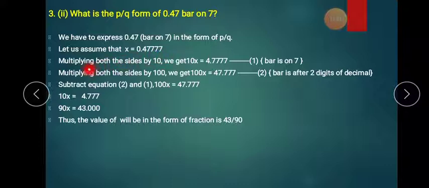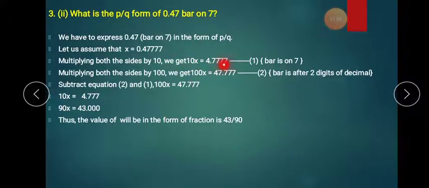Now because the bar is on only one digit, we will multiply with 10 on both sides. So multiplying both sides by 10, x into 10 will give you 10x, and 0.47777 into 10 will give you 4.777 and 7. So up till this line everyone is clear.